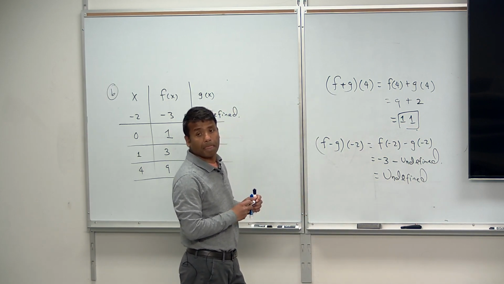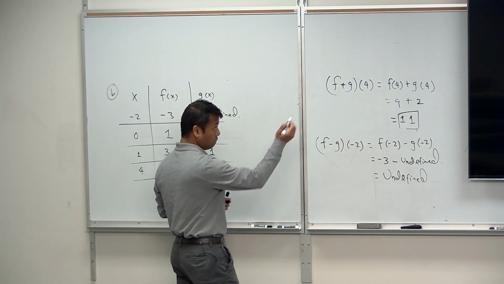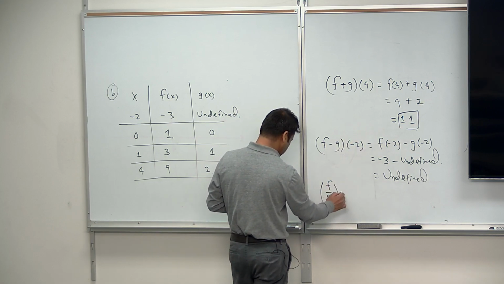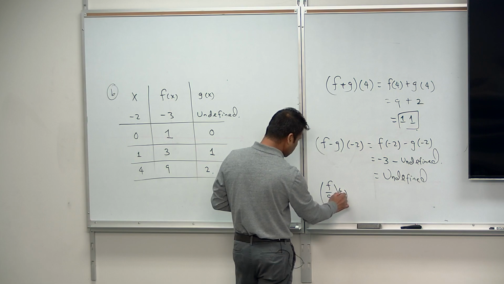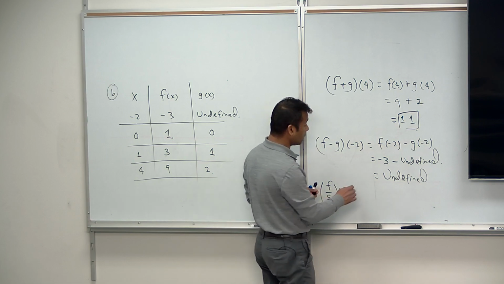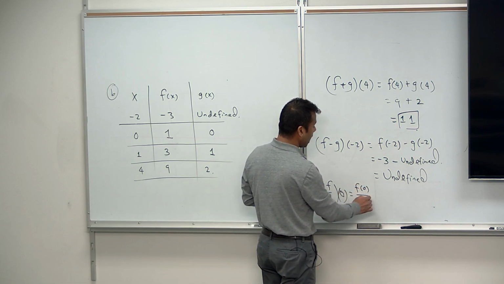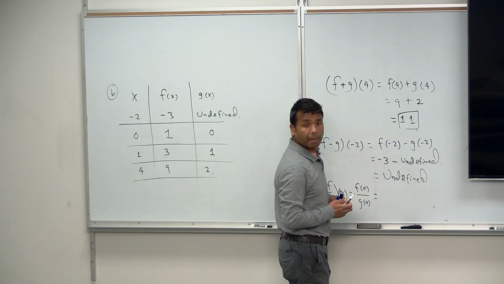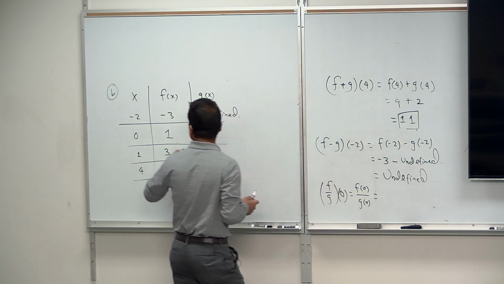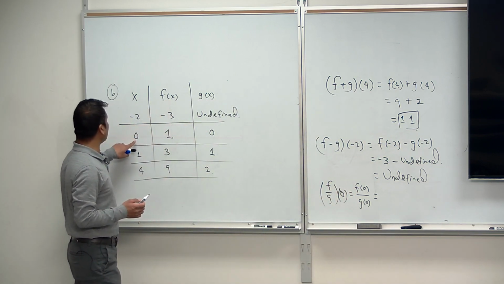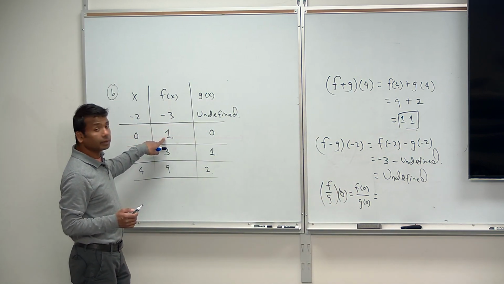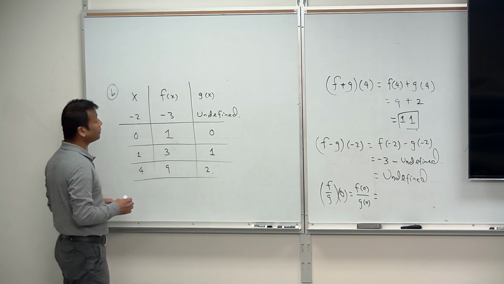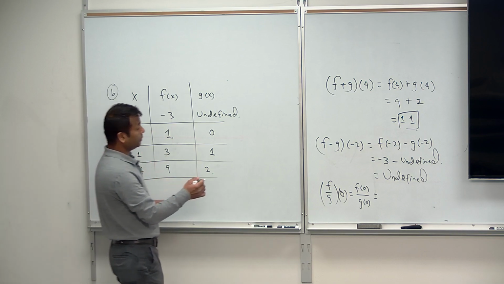Right? So now let's do the last one. Okay, so you have (f over g) of 0. By definition, this is the same as f(0) over g(0). Right? What is f(0)? What is the value of f when x equals 0? 1.